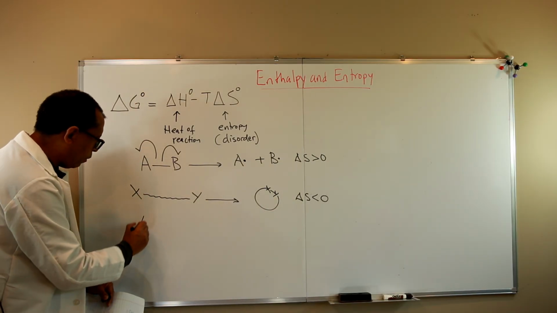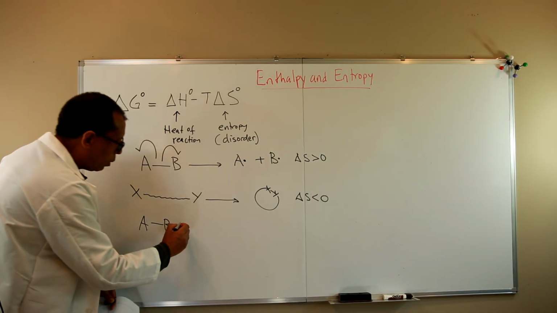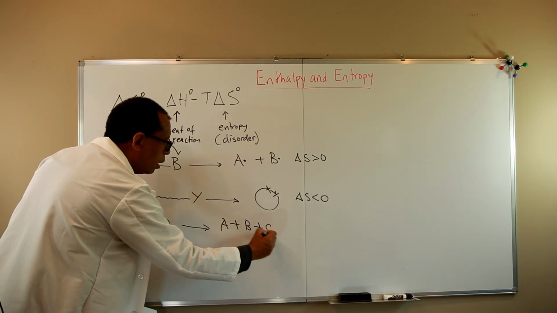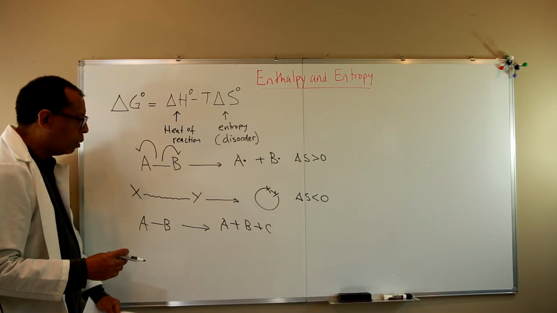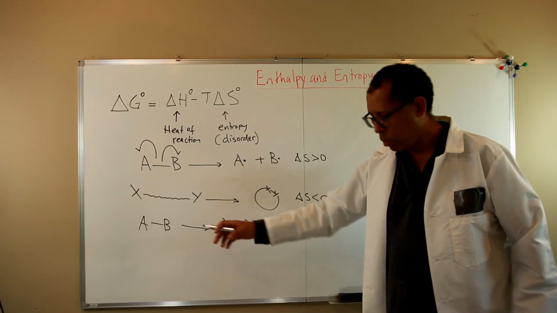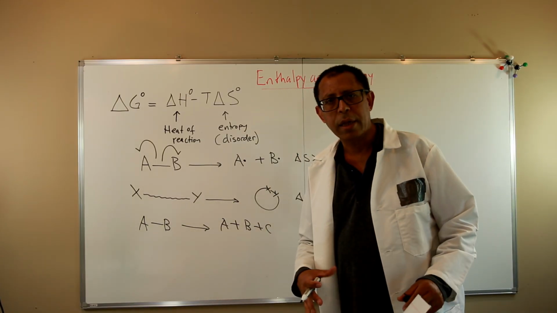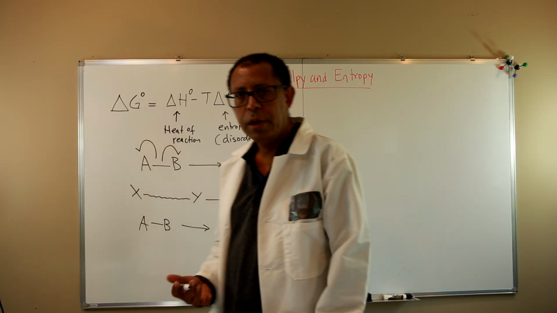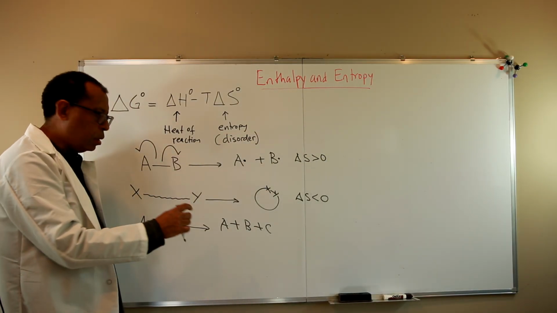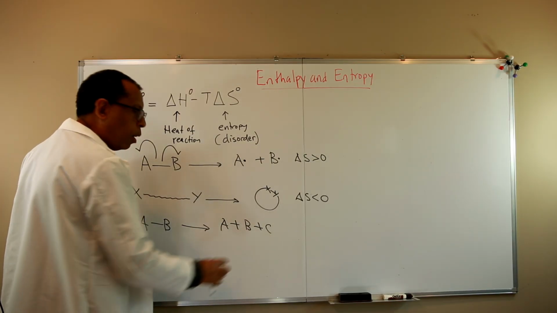So if you have AB like this, and you are creating A plus B plus C species, by reacting A and B... actually, AB is this molecule, let's say it decomposes into species like A molecule, B molecule, and a different type, C molecule.